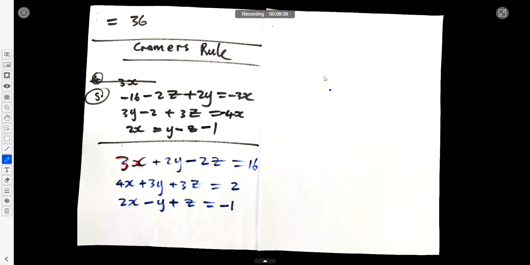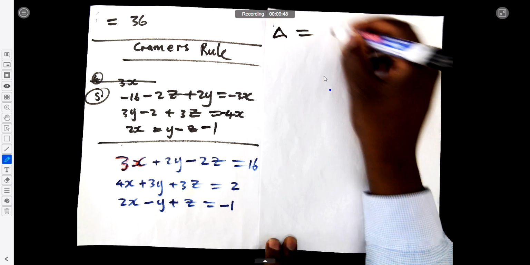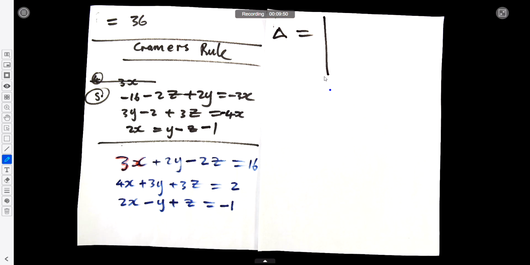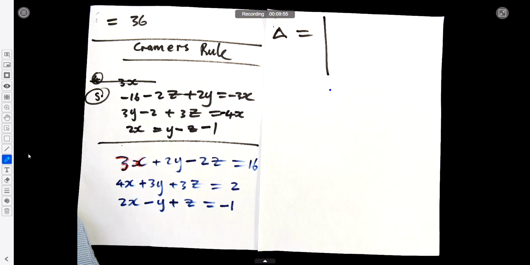So we need to solve for x, y and z. We need to deduce what we call our determinant. Deducing our determinant, it will be equal to the columns. The first column will consist of the coefficients of x.